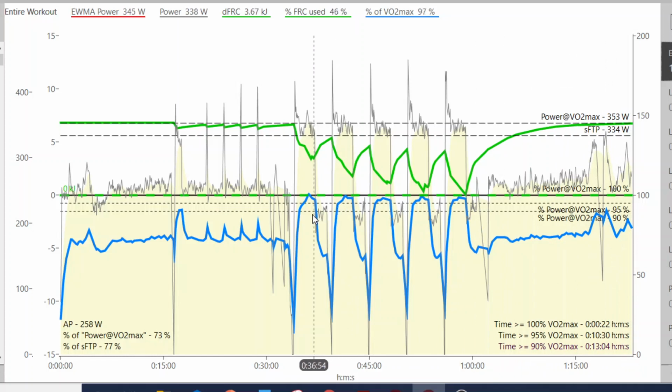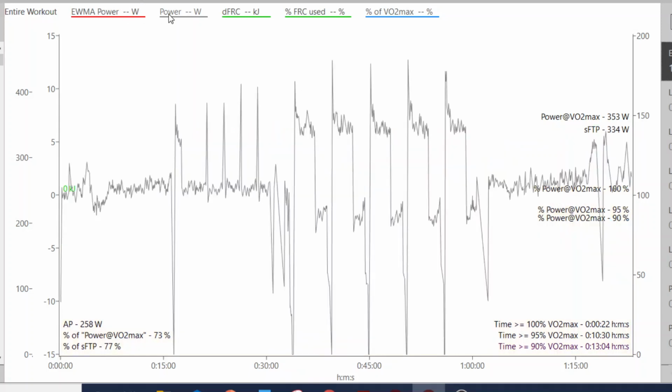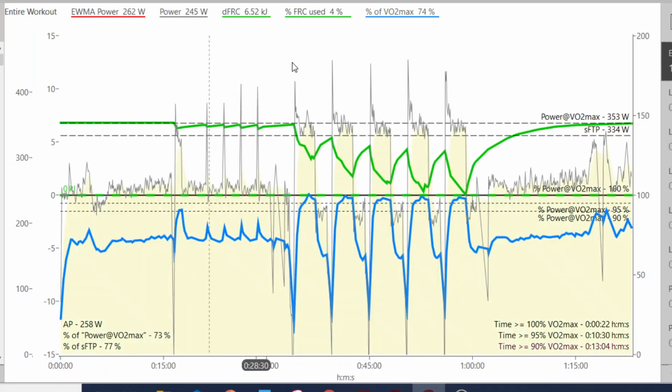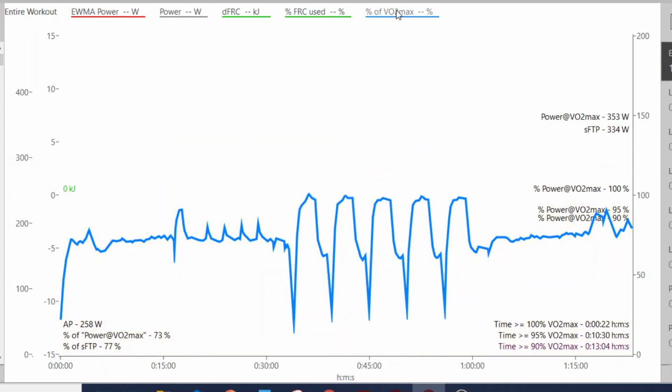So notice there's a blue line here. The black line here, if I come over here, see the black lines? That's power. That's the actual power recording from the fit file. The blue line is percent of power at VO2 max.